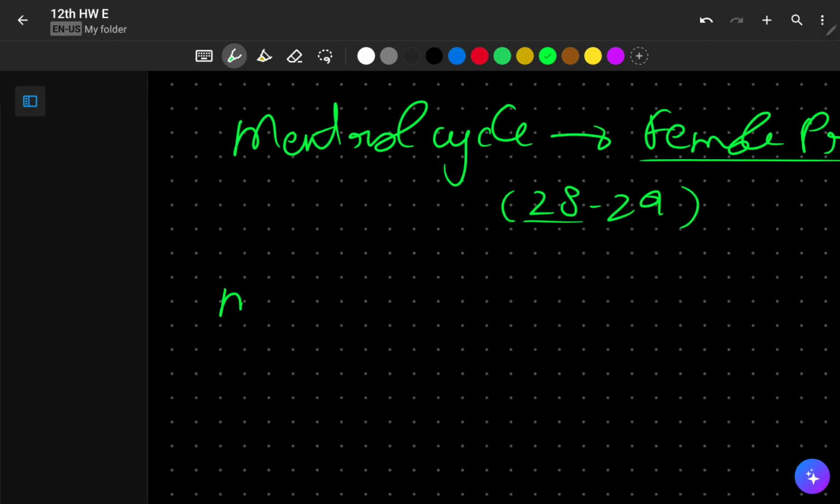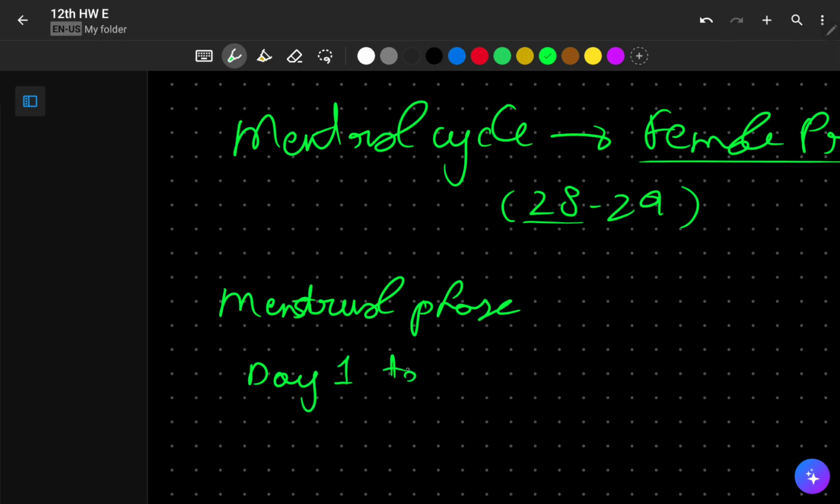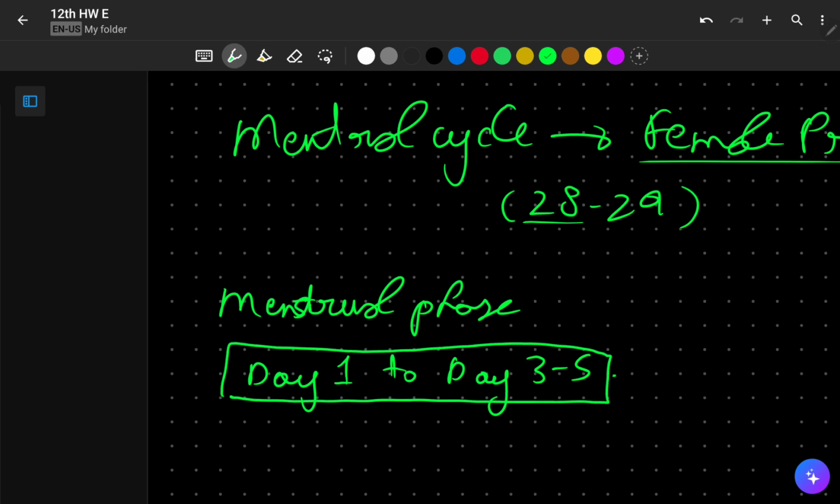We first have the menstrual phase, which is basically from day 1 to day 5. This is where the blood comes out.